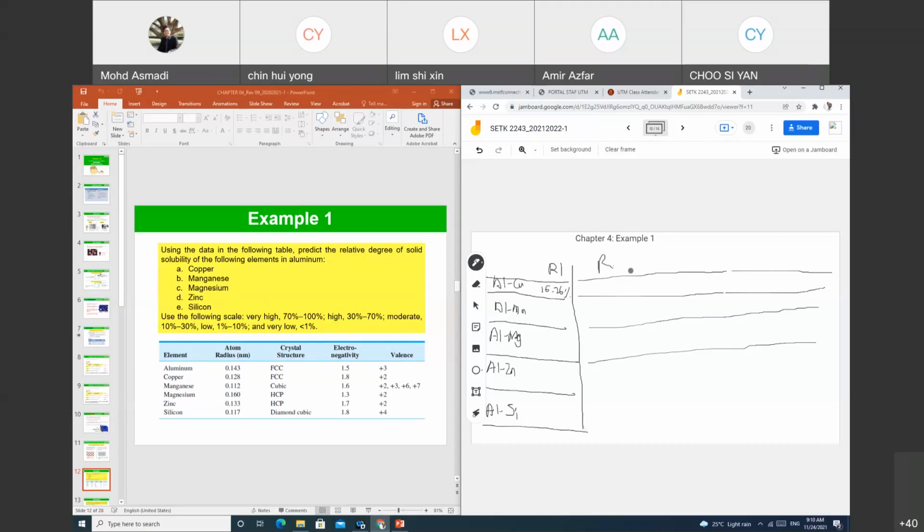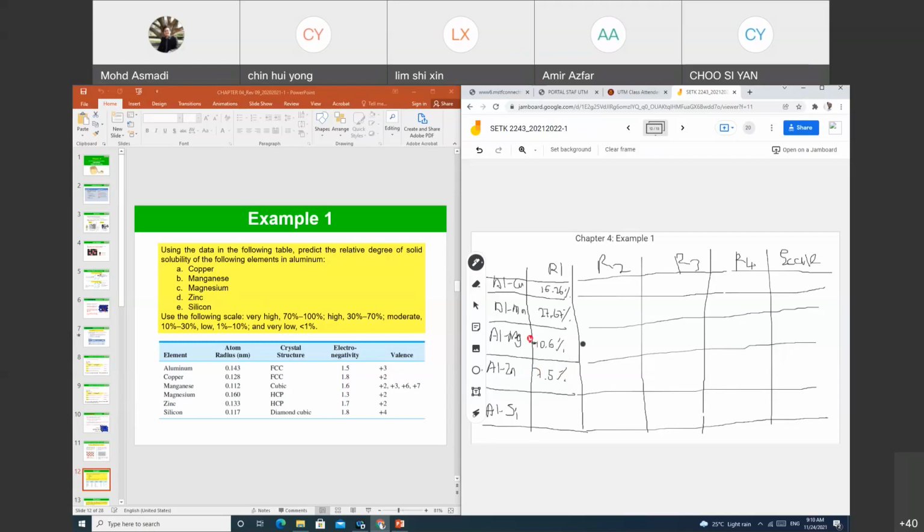R2. Then what is the result? Okay, all of you can add. Which one do you want to choose? You want to calculate R1, R2, R3 or R4?